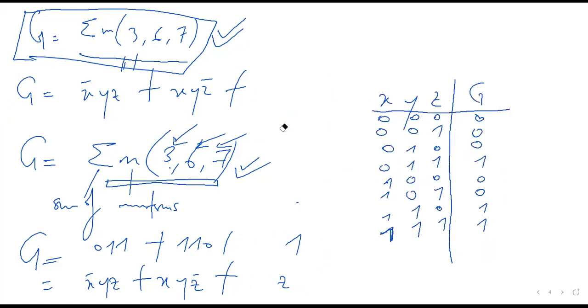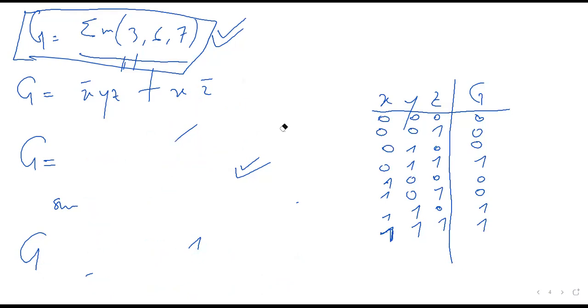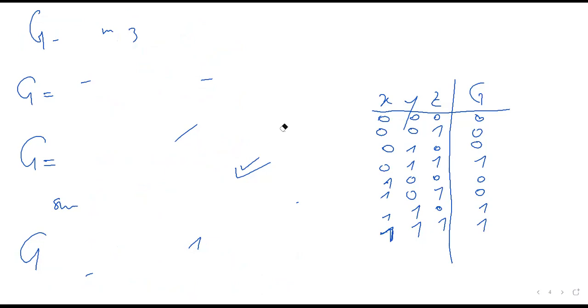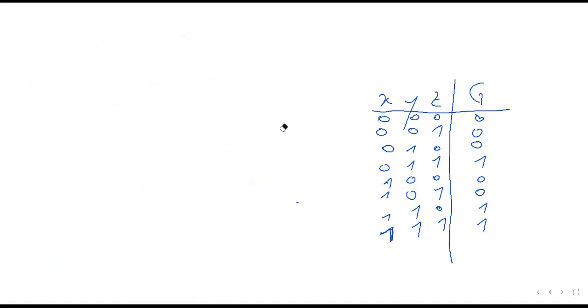From the perspective of product of sums, I just explained where we got from the SOP. Now from the perspective of POS, we're dealing with outputs of 0. When we deal with output 0, it means my function G is equal to the product of max terms.